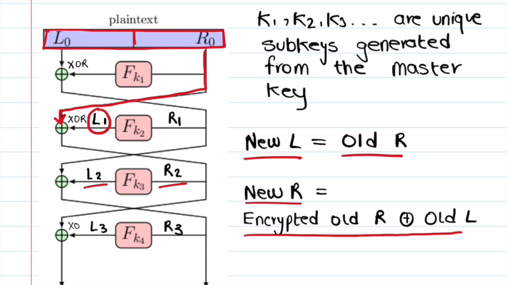To find R1, we first encrypt R0 with key 1 and then XOR the result with L0. This gives us R1. We can repeat the same steps for further rounds until we desire to stop. DES involves 16 Feistel rounds, hence it is necessary to understand the Feistel structure.